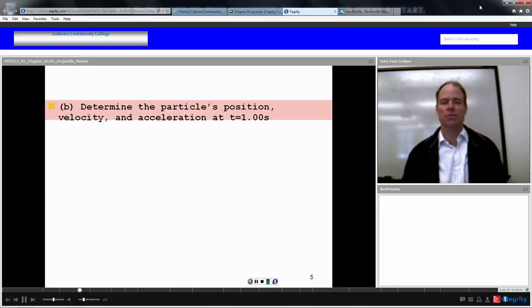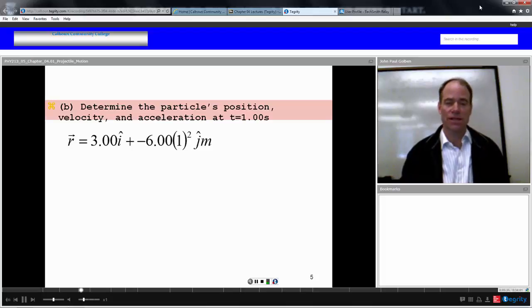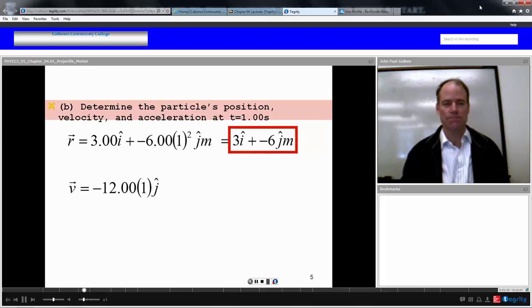Determine the particle's position, velocity, and acceleration at t equal 1 second. We're just going to plug in t equal 1 second into these expressions. For my position, that's going to be 3i plus a negative 6 times 1 second squared, which is just 3i minus 6j meters. That'll be my position.